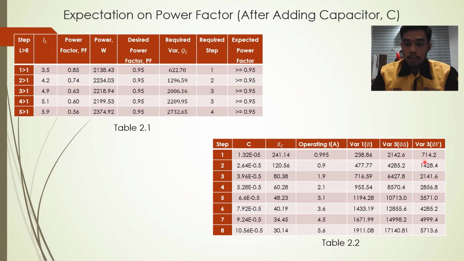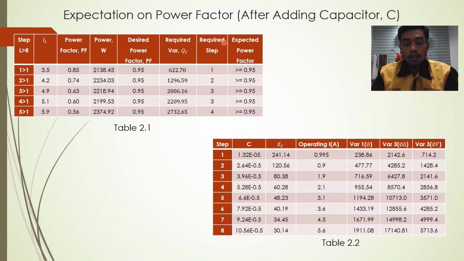From this table, we can use 714.2 because it is approximate to it. When we choose here, we can obtain the value of the capacitor that we need to add to the system in order to improve the power factor, which is 13.2 microfarad, and this is for the AC and operating current.